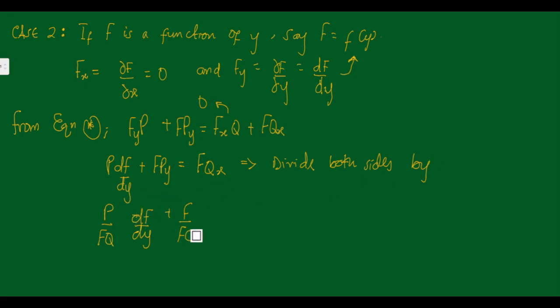So it's going to be fp, not fq. So p divided by fp df dy plus f divided by fp multiplied by p subscript y to be equal to f multiplied by q subscript x divided by fp.